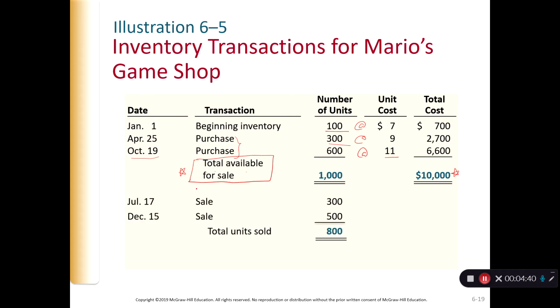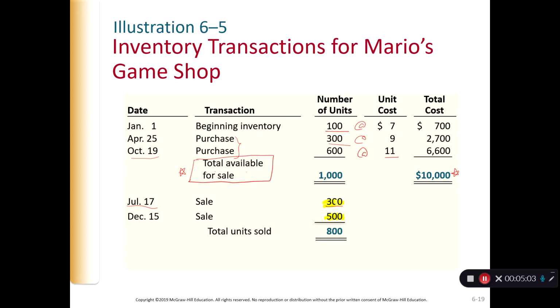Now let's see what the sales situation is. On July 17th there's a sale of 300, and on December 15th there's a sale of 500. The most important thing I want you to notice is that this 300 doesn't tell you exactly where the units came from.